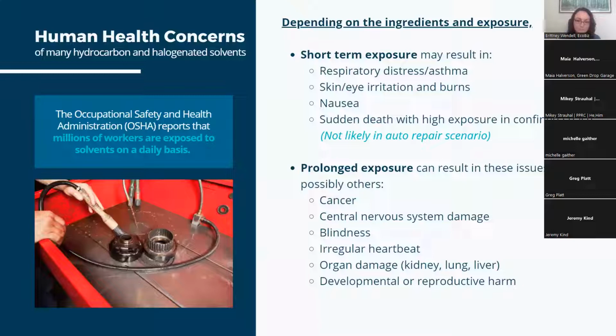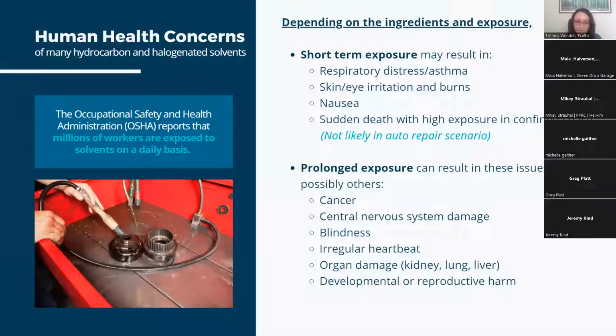I'm going to tell you a quick story about a mechanic from one of our EcoBiz auto businesses who had long-term exposure to chlorinated solvents. He's been around auto mechanic work since he was a kid, helping his dad at the shop. He eventually grew up to be a mechanic and has been working full-time for almost 20 years in the industry. A few years ago, he started noticing neurological issues, started losing patches of hair.